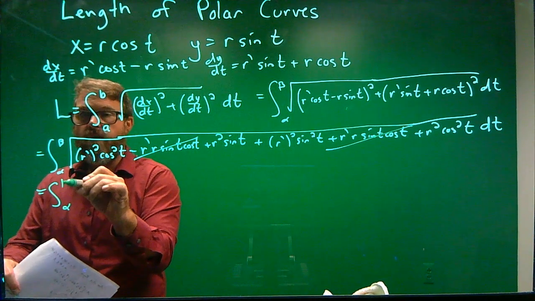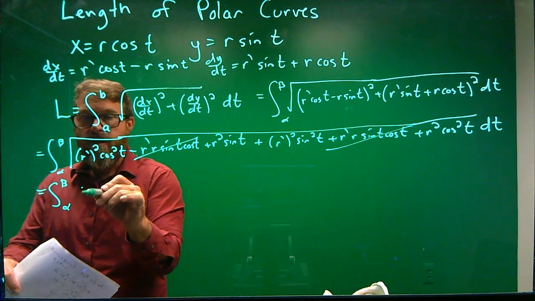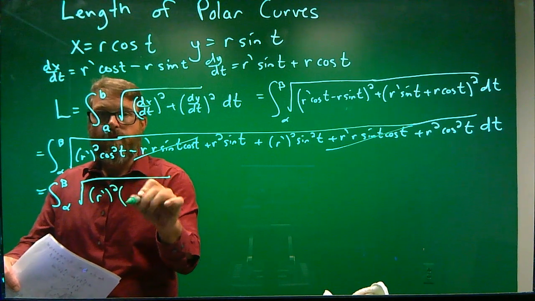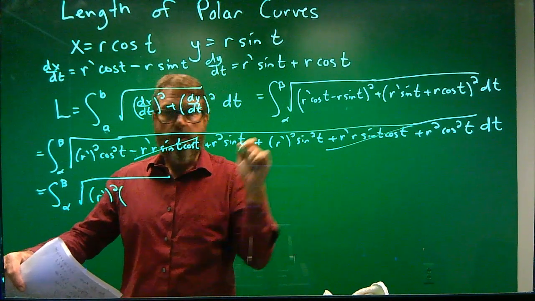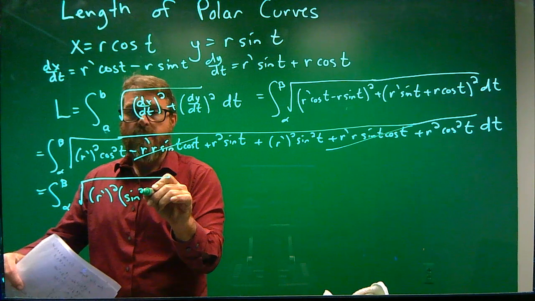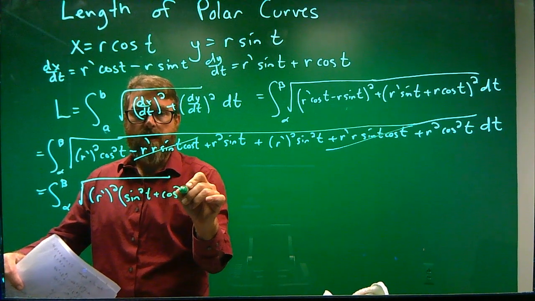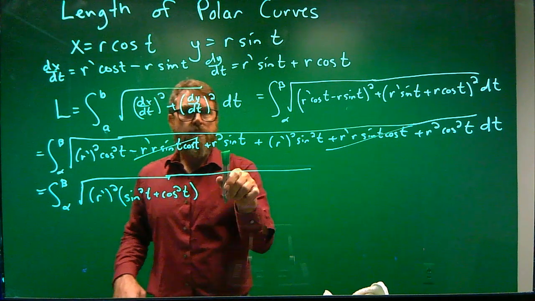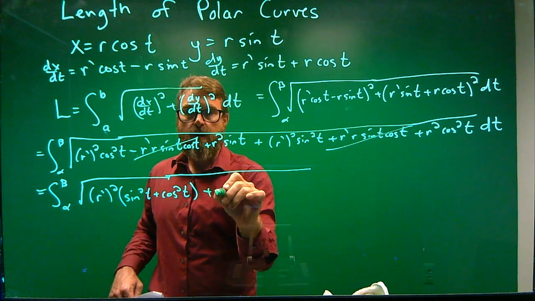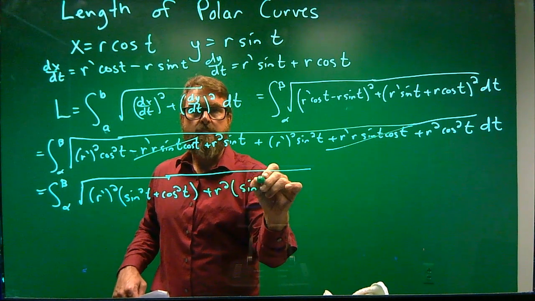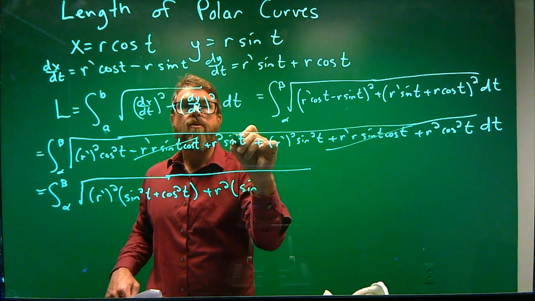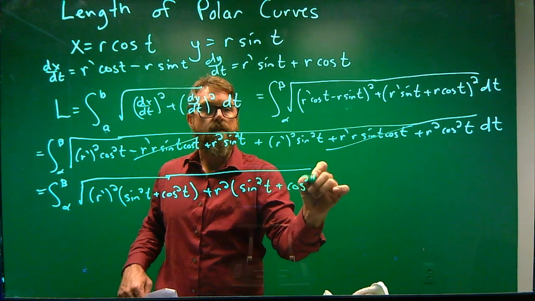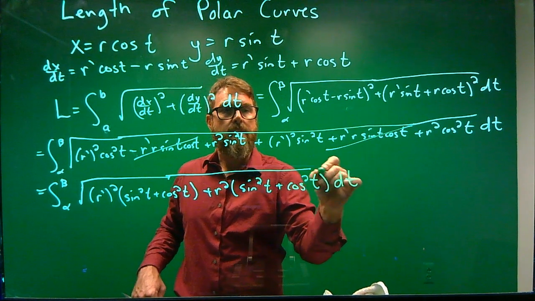So this is the integral from alpha to beta of the square root of, if I factor out the r prime squared, I'm going to have cosine squared plus sine squared, or I'm going to write it as sine squared plus cosine squared because most people recognize the Pythagorean theorem in that order a little better than the other one. And the next one, I'm going to factor the r squared out, so plus r squared, and then I'm going to have sine squared of t plus cosine squared of t, and this is going to be dt.